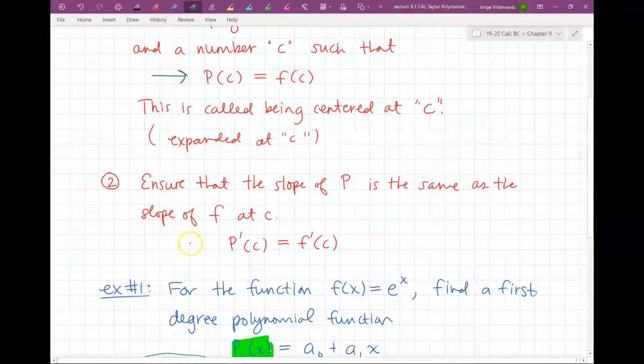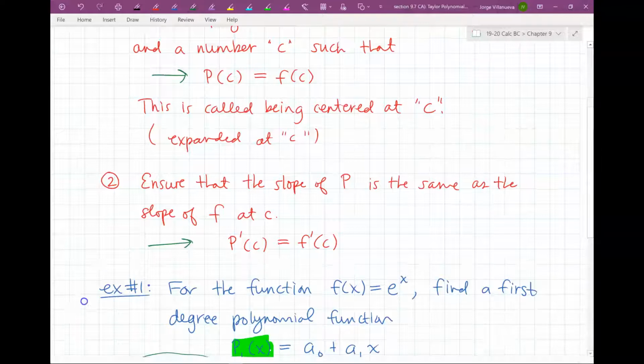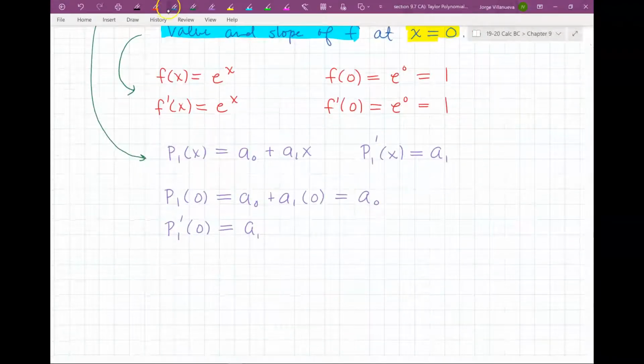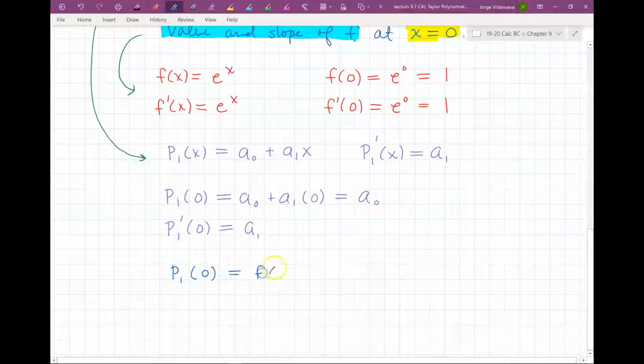And then I want to set the derivatives of each one of those equal to each other. So let's go back down. They want me to get p sub 1 of 0 and set it equal to f of 0. They also want me to get p sub 1 prime of 0 and set it equal to f prime of 0.